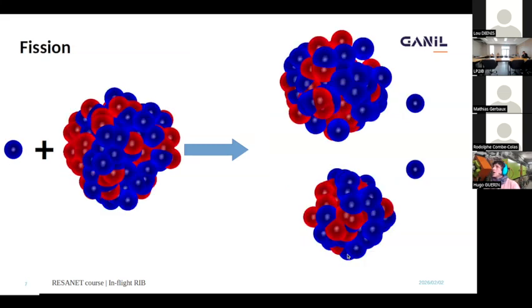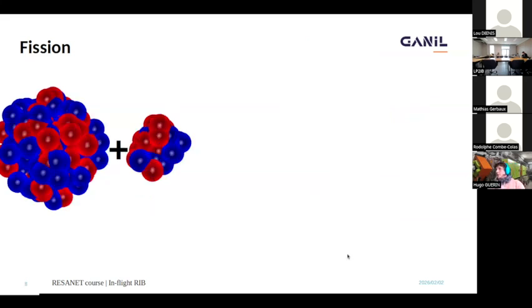You can also use fission to have radioactive ions. For instance, here it's a neutron-induced fission of uranium-235, and then you have your two fission fragments and some neutrons. You can also do it by inverse kinematics, so by sending heavy ions.